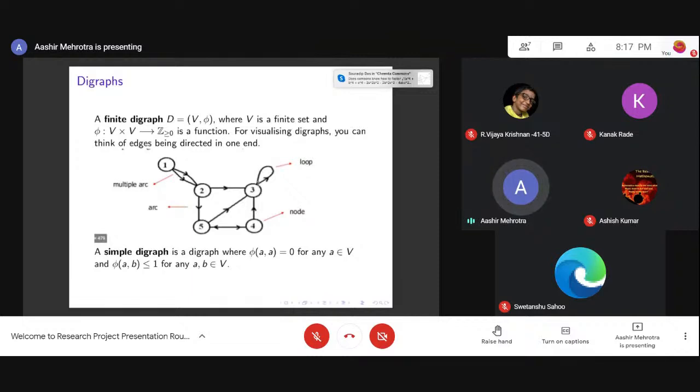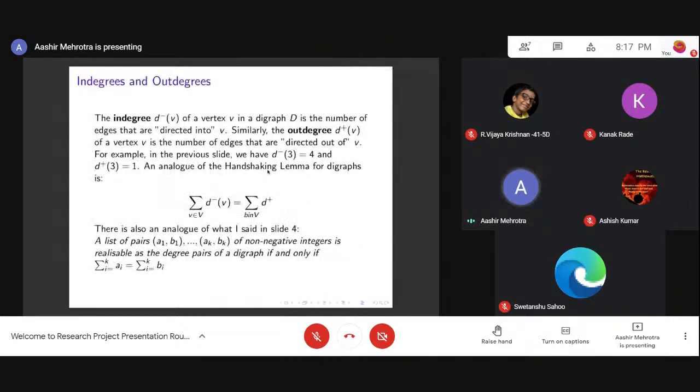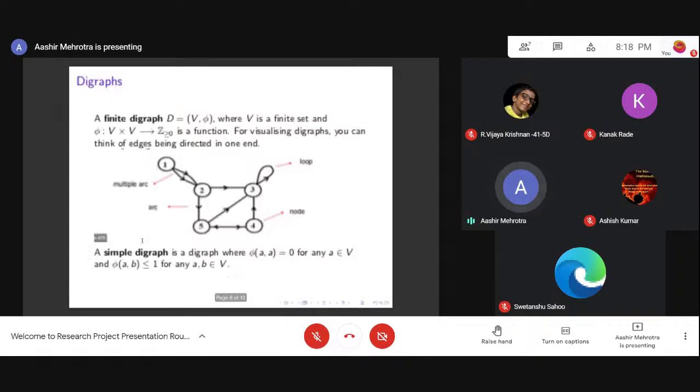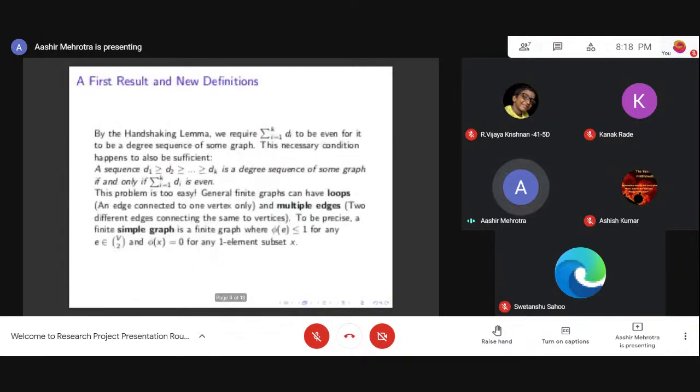An analog of the handshaking lemma for digraphs is this: the summation of all the in degrees equals the summation of all the out degrees. So there's also an analog of what I said in slide 4. In slide 4, it was: a sequence is a degree sequence of a graph if and only if the sum is even.